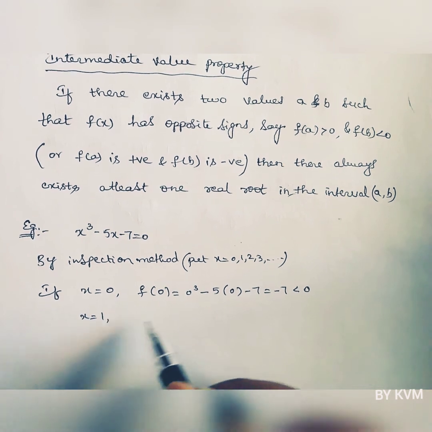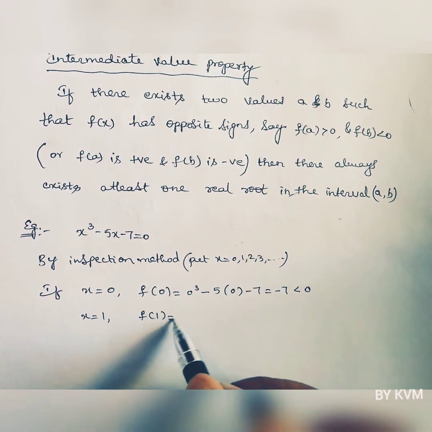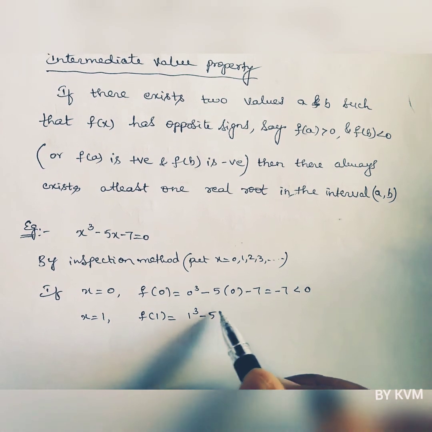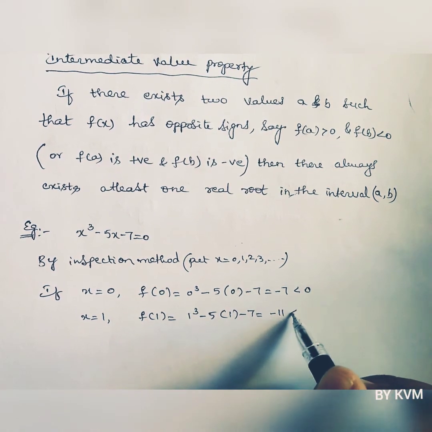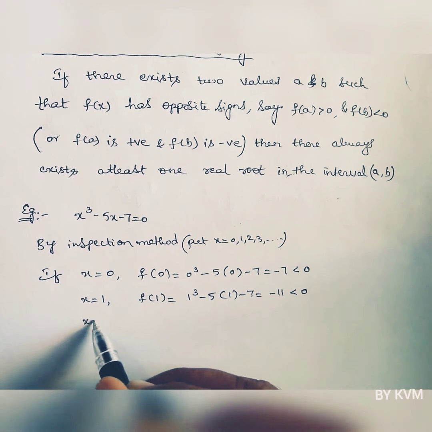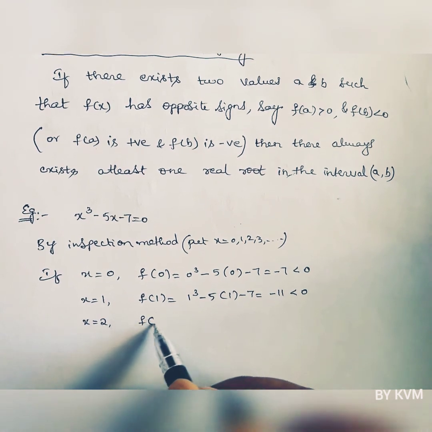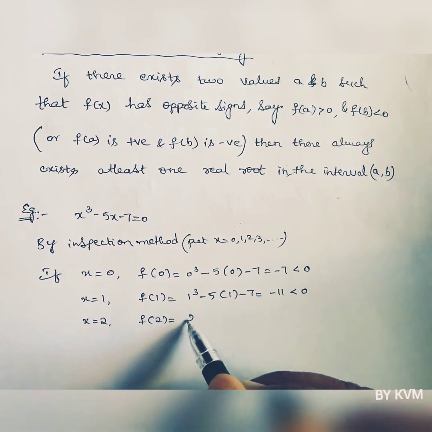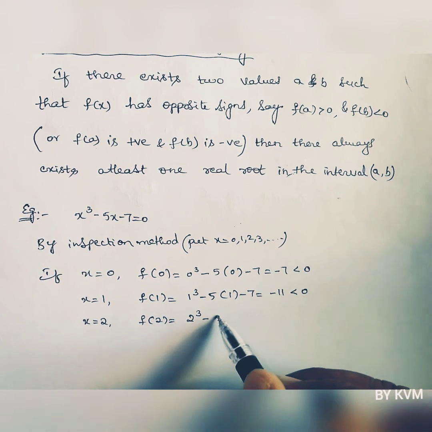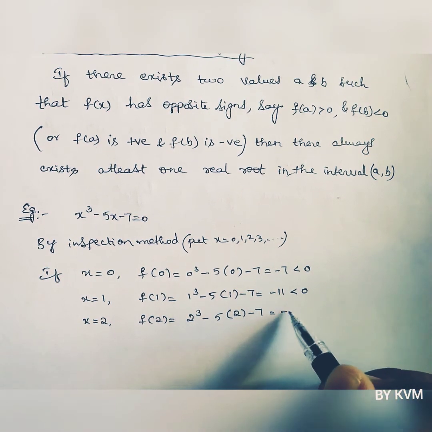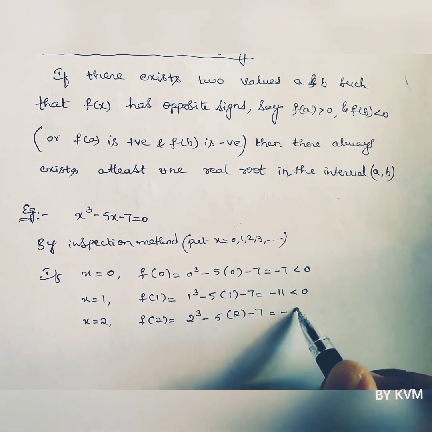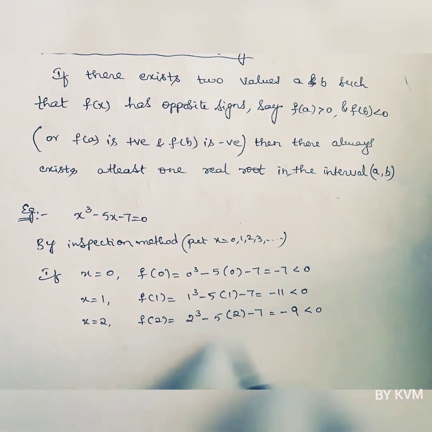And if x equals 1, f of 1 is 1 cube minus 5 into 1 minus 7, that is minus 11, less than 0. If x equals 2, f of 2 is 2 cube minus 5 into 2 minus 7. Adding this we get minus 9, less than 0.